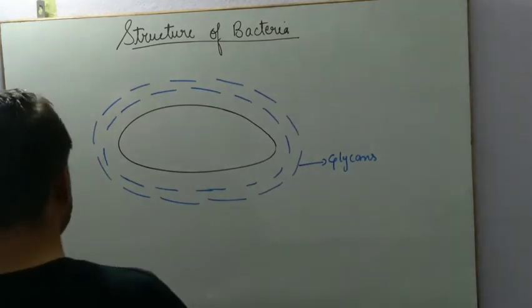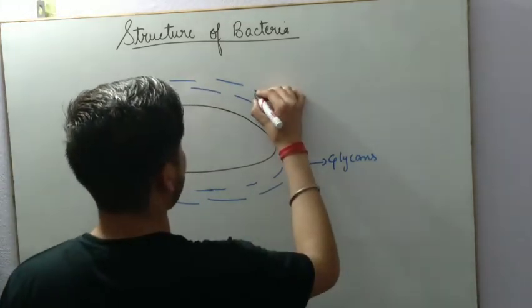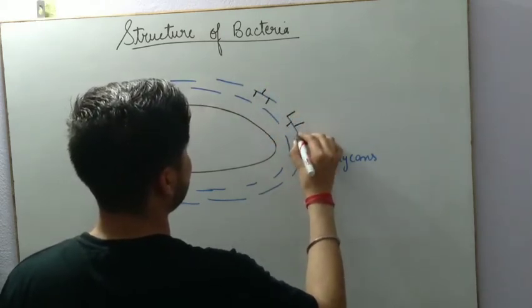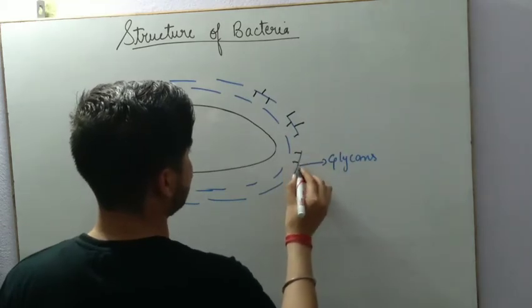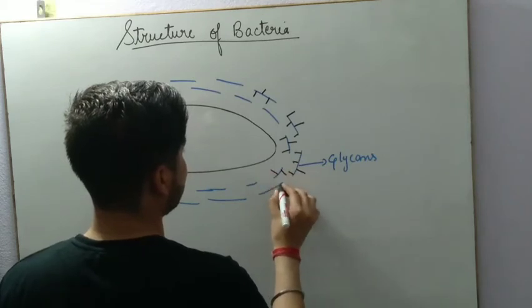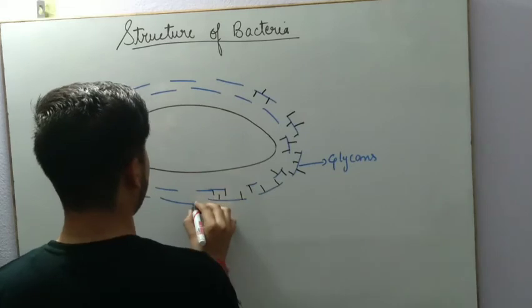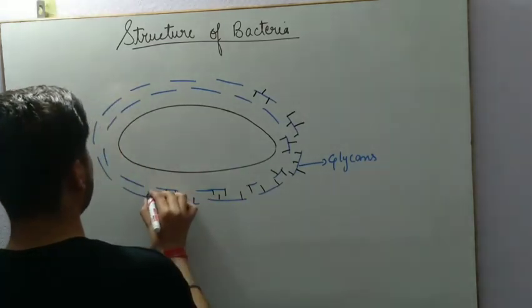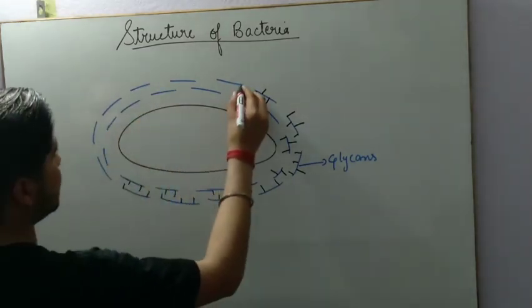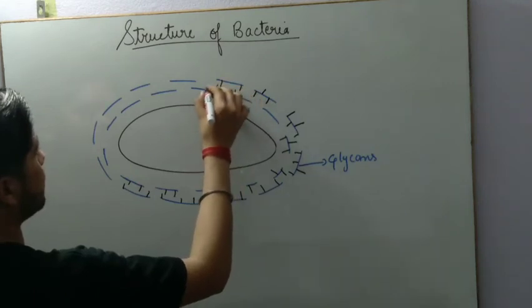And there are some small structures on these structures, and these small structures are called peptides.